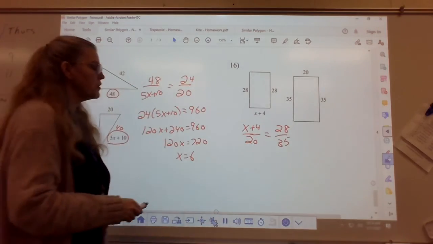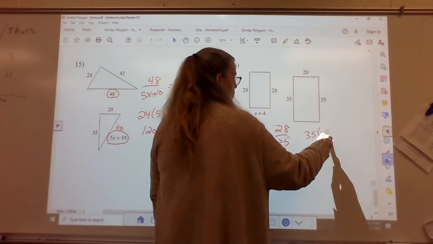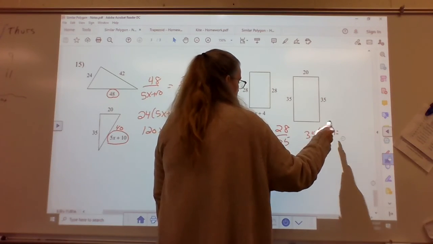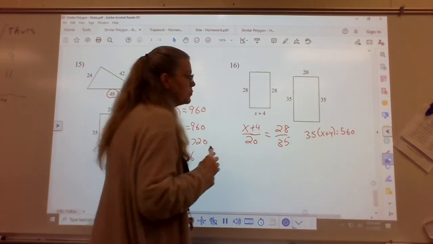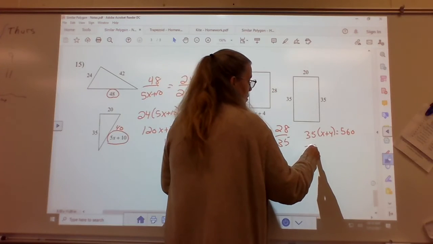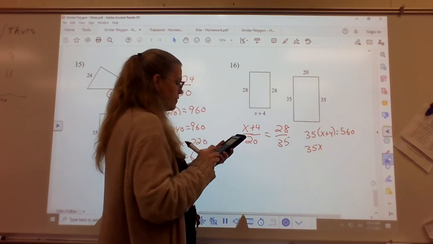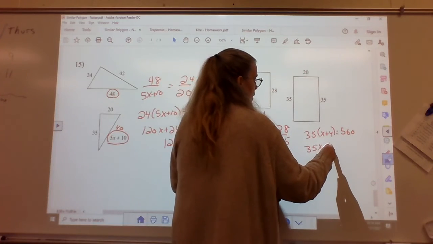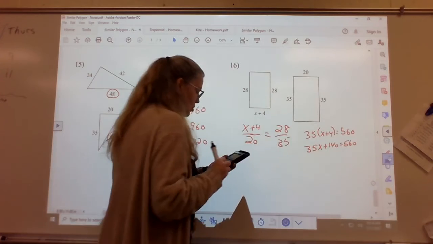Do your cross multiplication. So 35, put x plus 4 in parentheses. 28 times 20 is 560. So there's my setup. Distribute the 35. So 35x, 4 times 35 is 140. Equals 560.